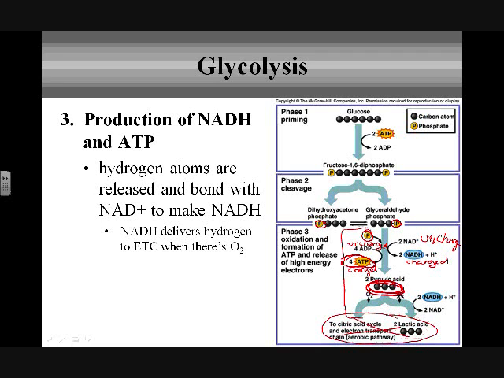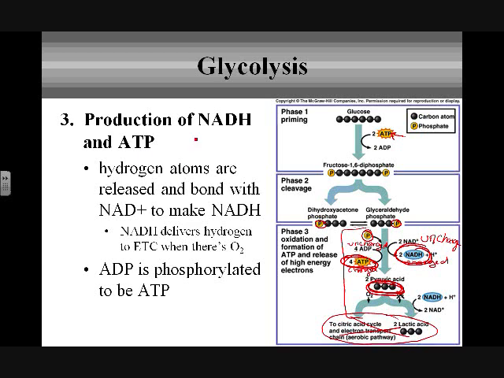So what we're ending with here is 2 pyruvic acids. We've gotten 4 ATPs, but remember, we had to put in 2 to gain 4, so we're really only ahead by 2. And we got 2 NADHs. That NADH is going to play a role later in bringing the hydrogen and that temporary energy, the electrons, to the electron transport chain where oxygen is present and where energy can really be generated.